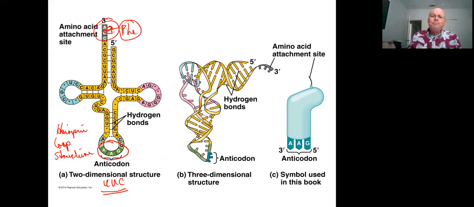So that's how these tRNAs carry out the interpretation of the codon sequence in the messenger RNA and turn that into an amino acid sequence by understanding the codon in the messenger RNA and bringing the appropriate amino acid for that codon.